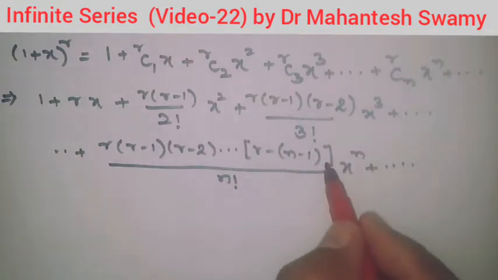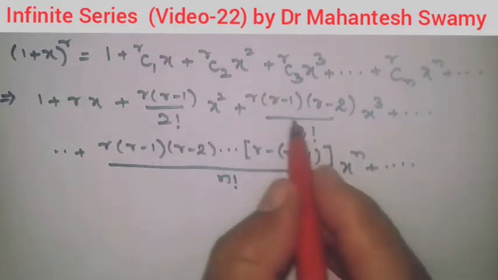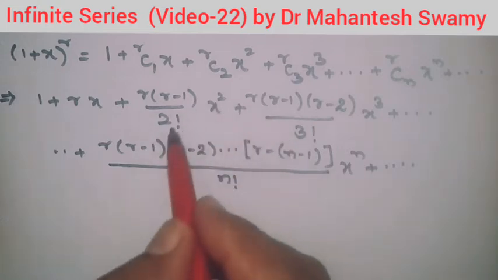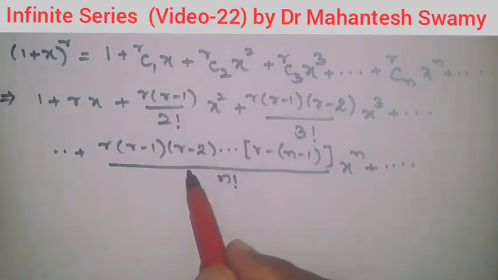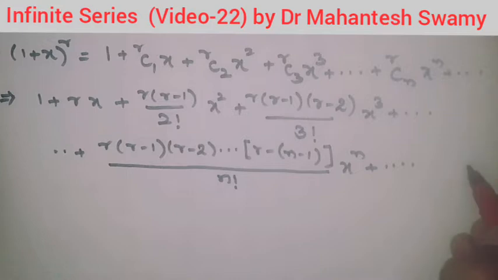So this is an infinite series we are having, and we observe that this infinite series will be convergent if the value of x lies between minus 1 and plus 1.